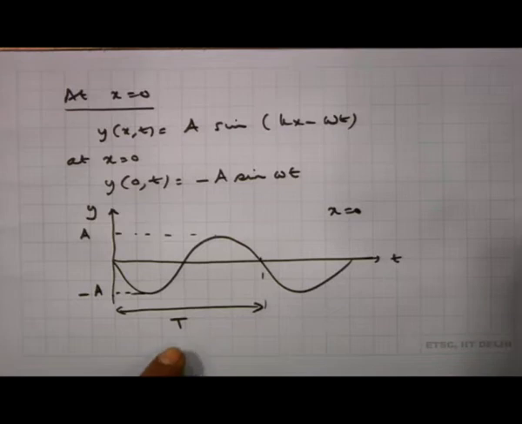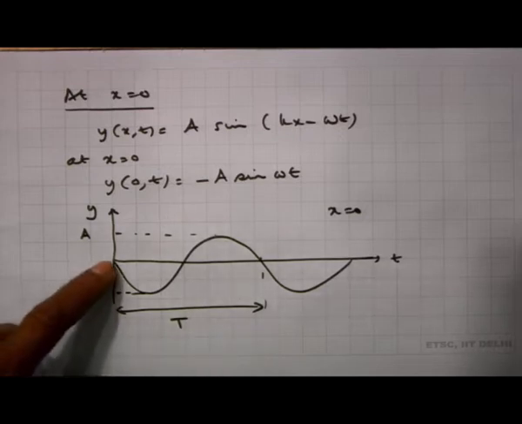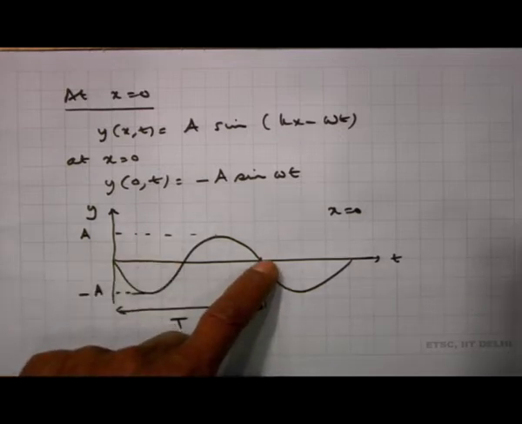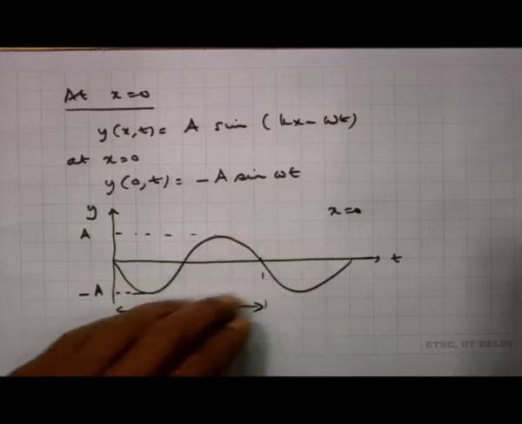So, capital T must be such that the quantity omega t changes by 2 pi in going over a time capital T. At this point t was 0, at this point t must be such that omega t must have become equal to 2 pi.